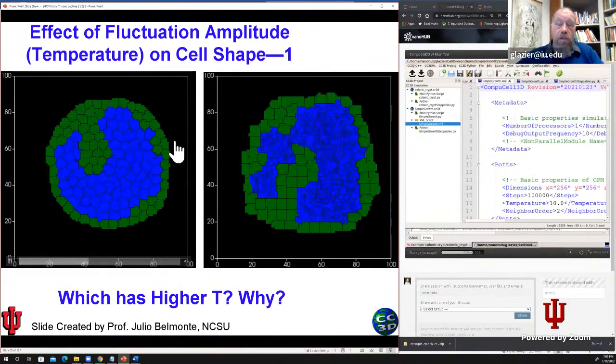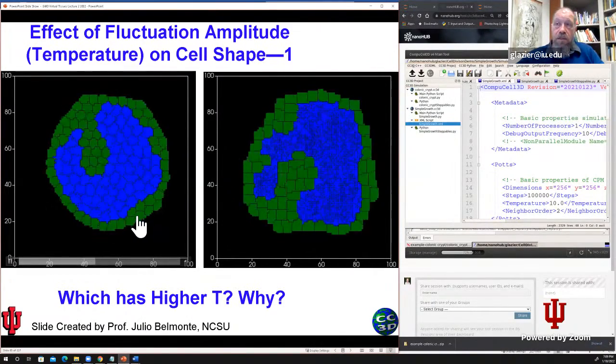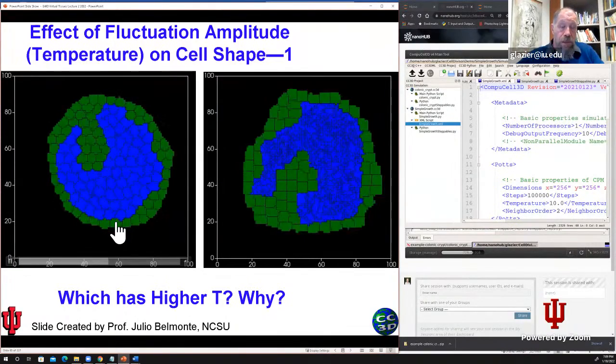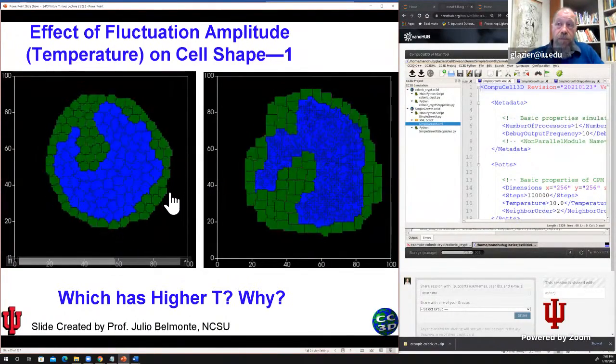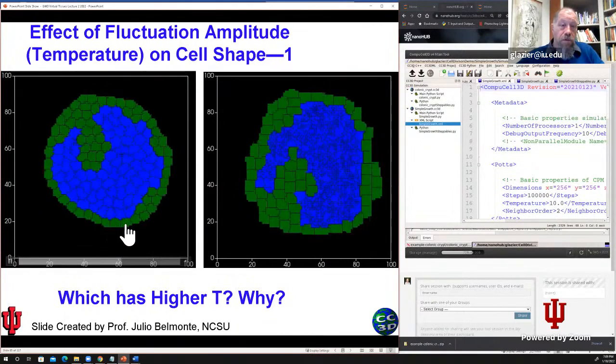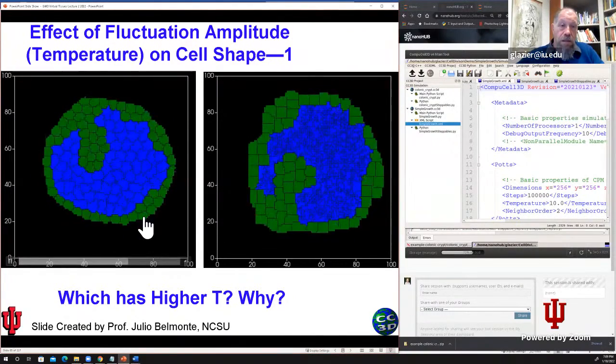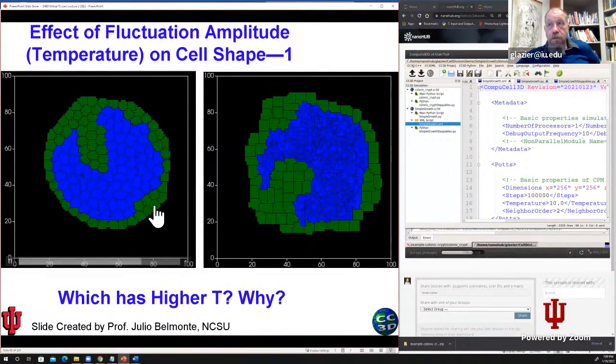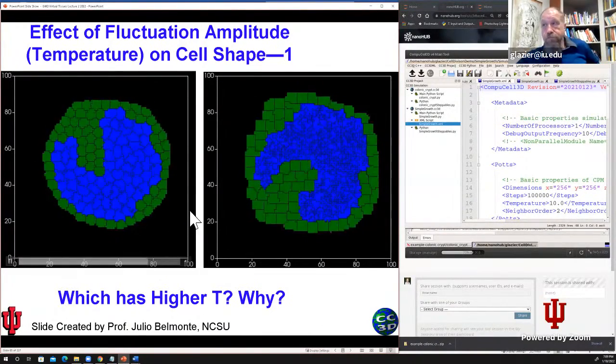There's some fluctuations on the surfaces, but the cells have relatively smooth boundaries. That means that the typical energy scale of the cell and the typical energy scale of the fluctuations are about the same for blue cells and green cells.